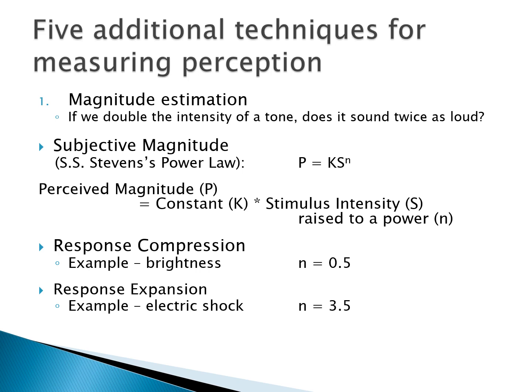S.S. Stevens had a more precise method of measuring magnitude estimation, and then he put this power law on it, where the perceived magnitude, which we're going to call P, is equal to K, some constant, which they have figured out for us, times the stimulus intensity, my original or standard stimulus, raised to the power n.